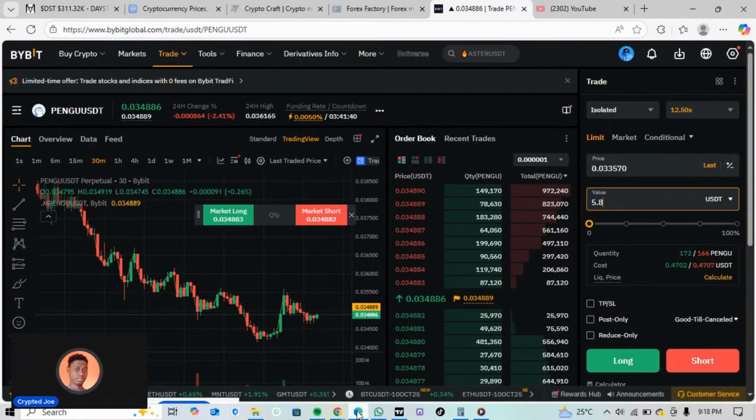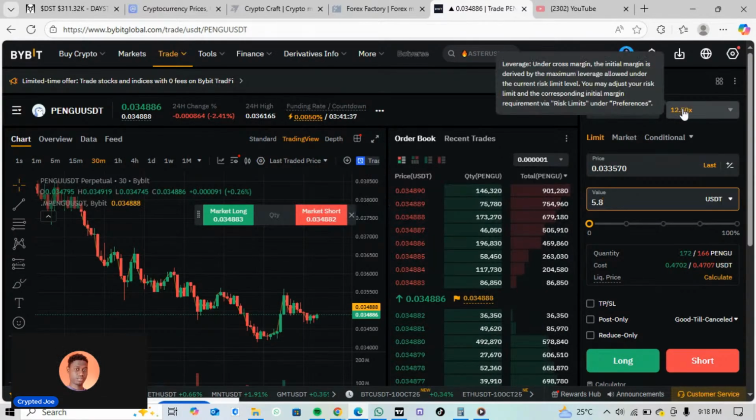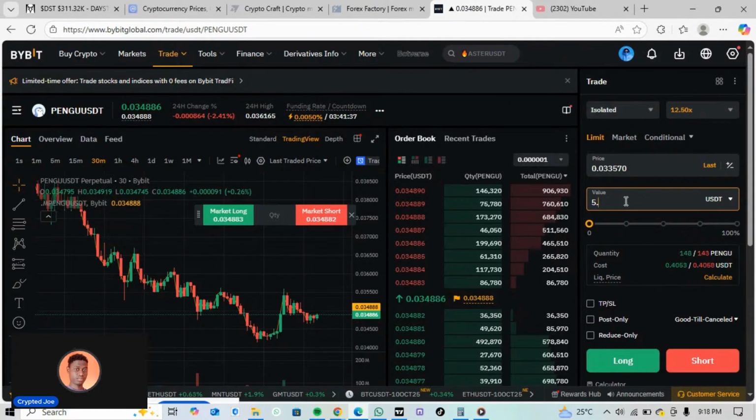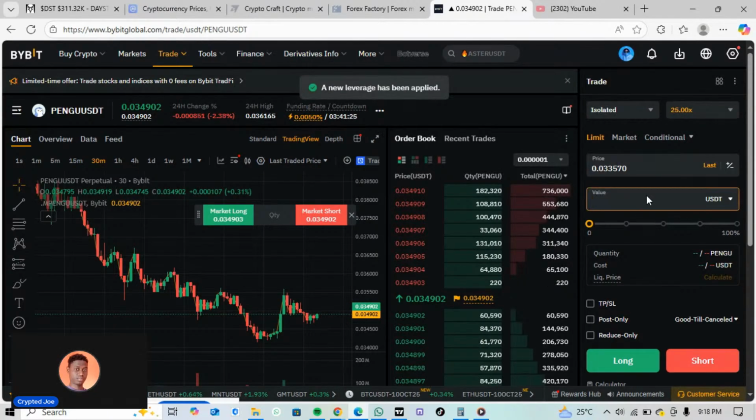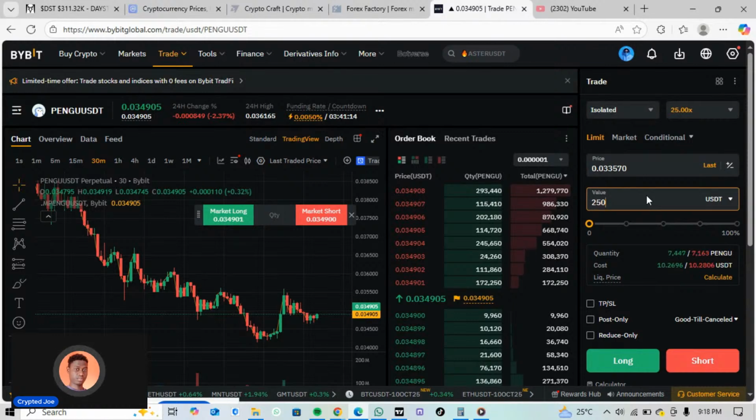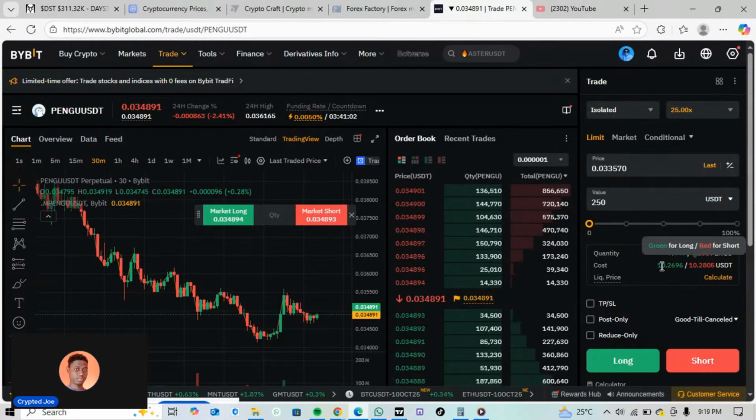Let me change it to 25x leverage first and see if we can get a cost that will look like $10. Let's say the order value is 250. You can see I'm just using this as an example. It will look as if we're entering the trade with $250, but we're just entering the trade with $10.